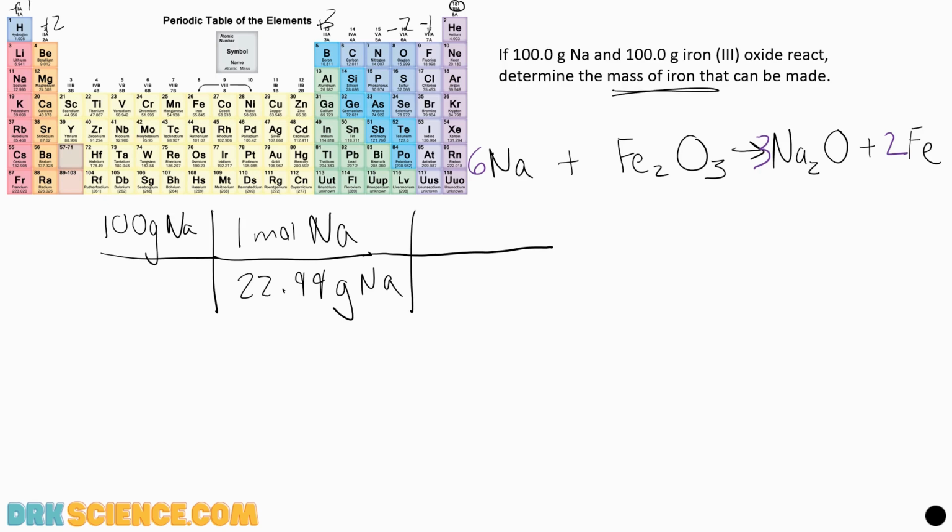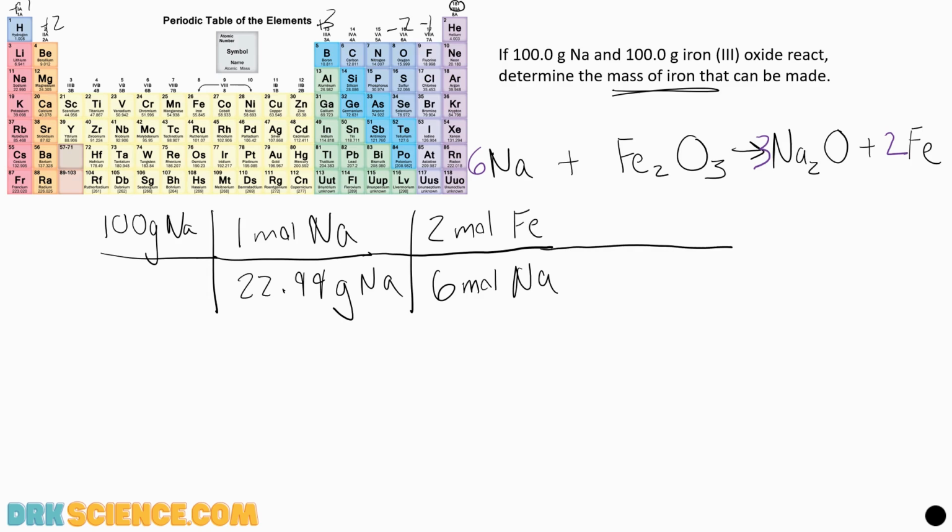So our next thing is looking at the mole ratios. From our balanced reaction, we see that for every 6 moles of sodium, we produce 2 moles of iron. So that's the ratio we are going to use: 6 moles of sodium produces 2 moles of iron.